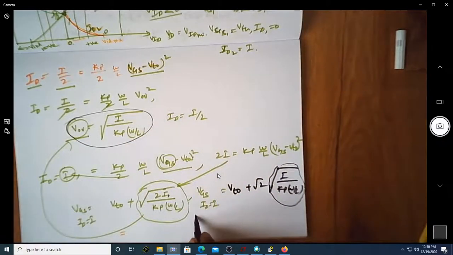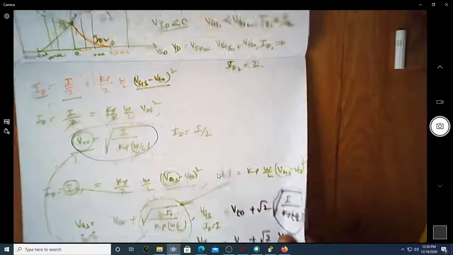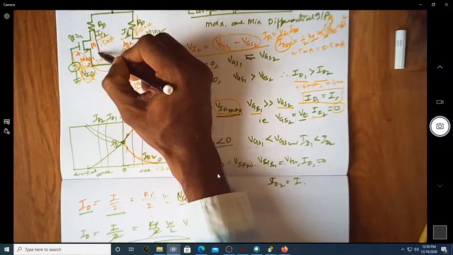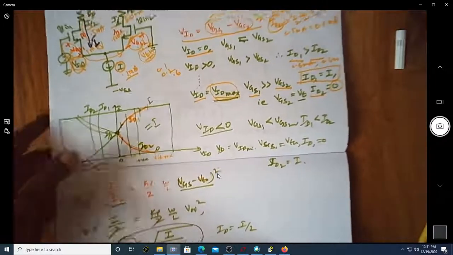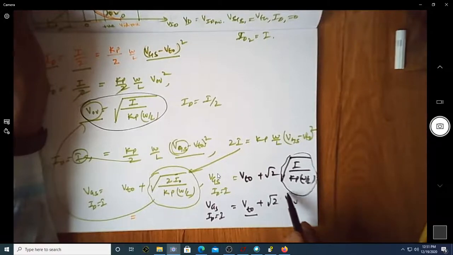So VGS for ID equal to I is equal to VTO plus root 2 into VOV, meaning the amount of gate to source voltage required for a current of I flowing here is given by VTO plus root 2 times VOV.